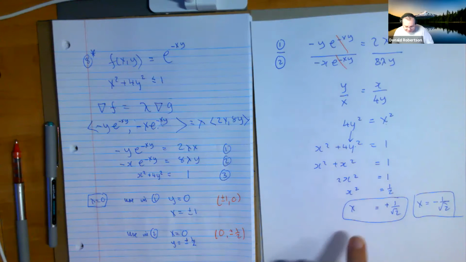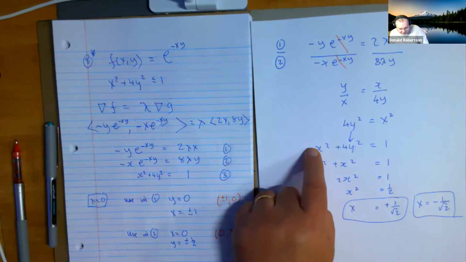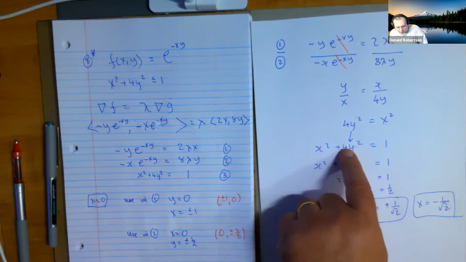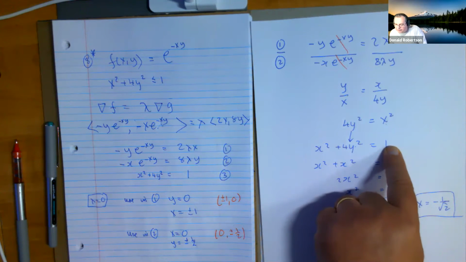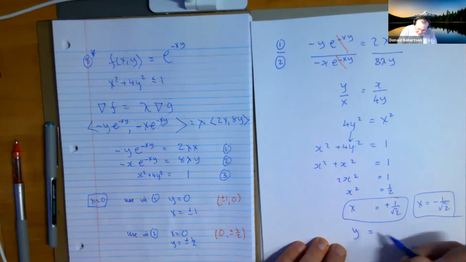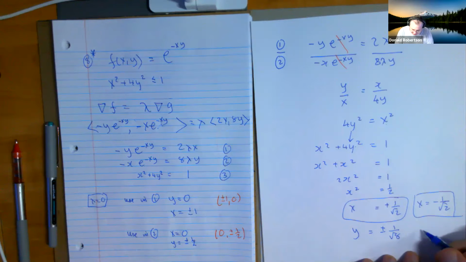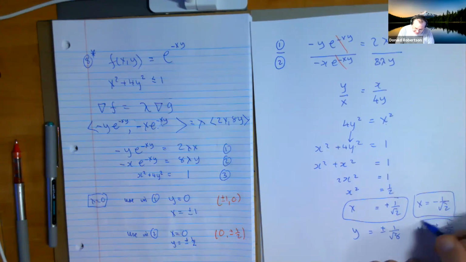Okay. So let's suppose I made x equal that, then won't x squared be a half? That makes 4y squared a half, which makes y squared an eighth, which makes y plus or minus 1 over root 8. And can you trust me if you do this one, it's plus or minus that too.